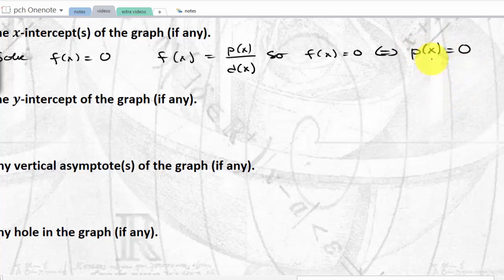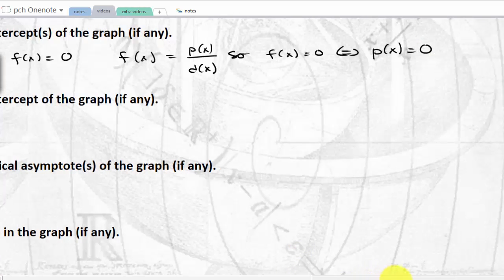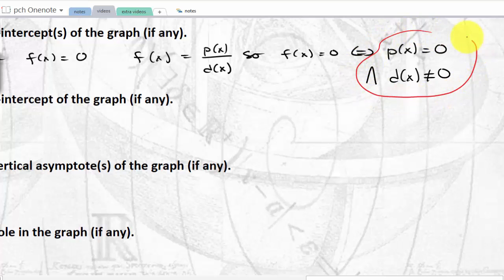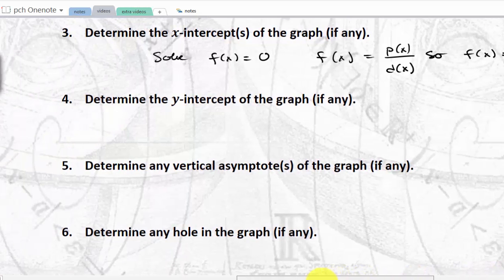The solutions to this equation will give you the x-intercepts if they are in the domain. Therefore, you also want to make sure that d of x is not 0; you want to be in the domain. The solution to this condition will give you the x-intercepts of the graph, also called the zeros of the function.